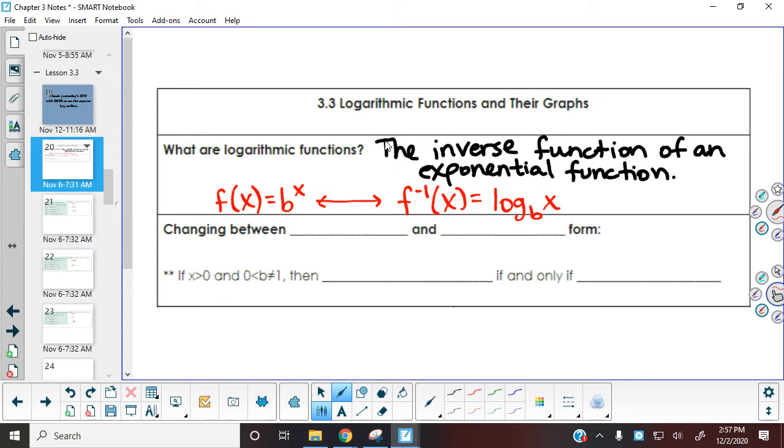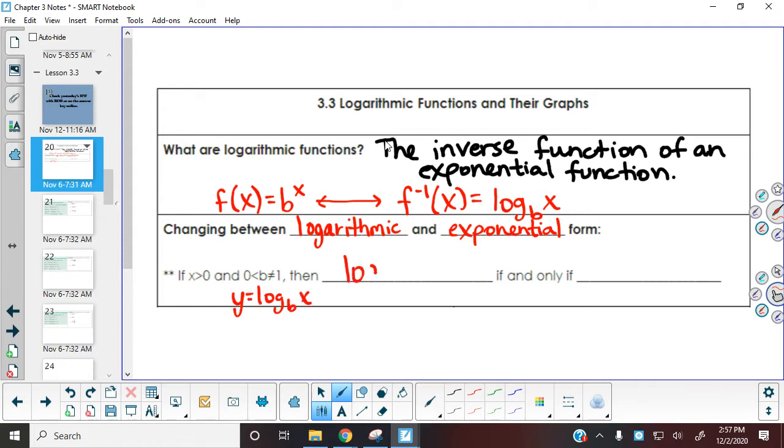So here's the key. We are going to be looking at today, how do you change between logarithmic and exponential form? What I typically do is, if it is like y equals log base b of x, I typically write it the other way.